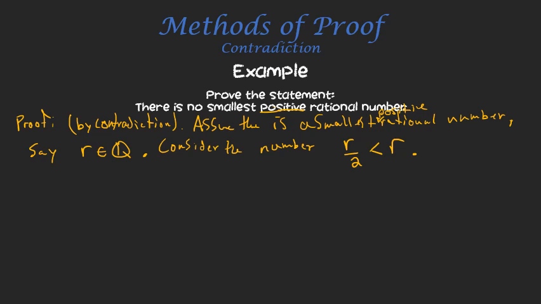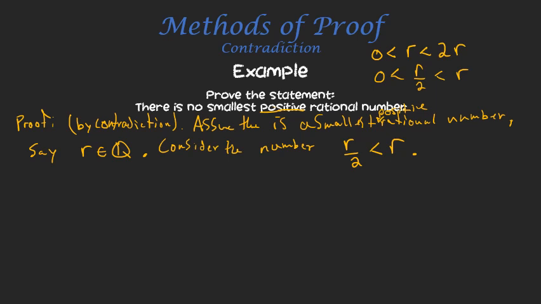If we wanted to prove this, we know r is a positive rational number, so we might do something like, well, we know that r is positive, and so if I multiply it by 2, I'll get something strictly bigger. And then what I could do here is divide everything by 2. That would give me 0 less than r over 2 less than r.